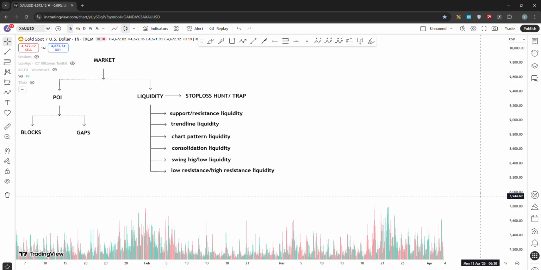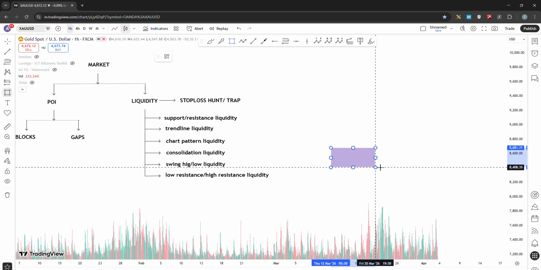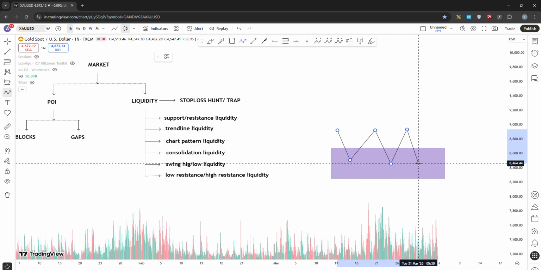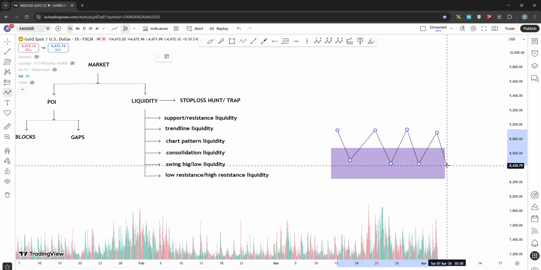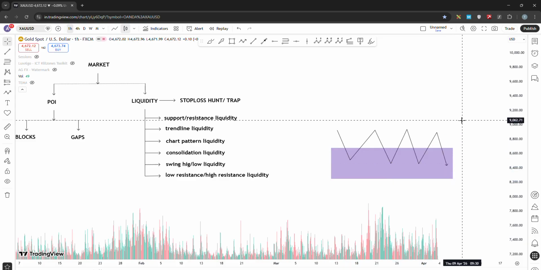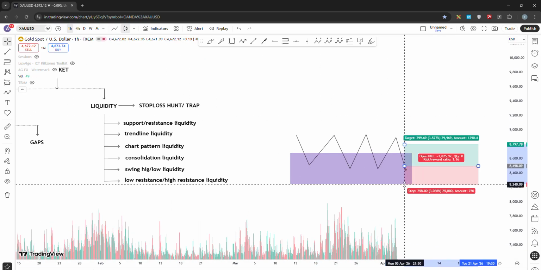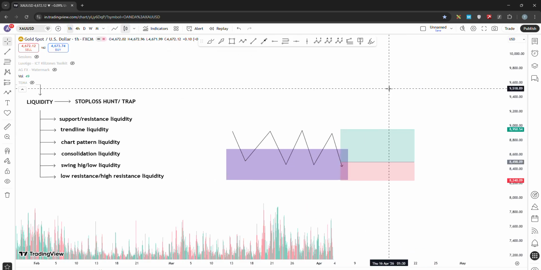They take advantage of this and trap the buyers or the sellers who trade this support resistance strategy. Let's say we have a support and the market has tested it multiple times previously. Once the market comes down to tap this level and gives a reaction from here, we'll be looking to buy and targeting the highs.